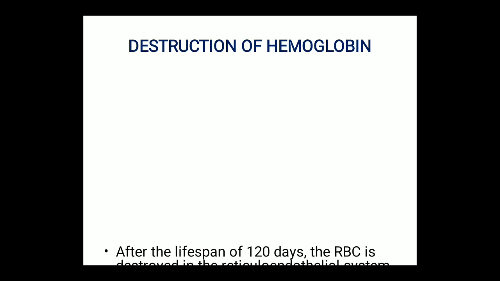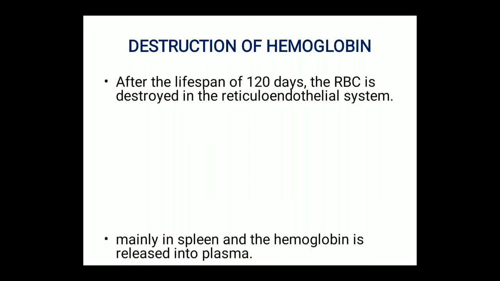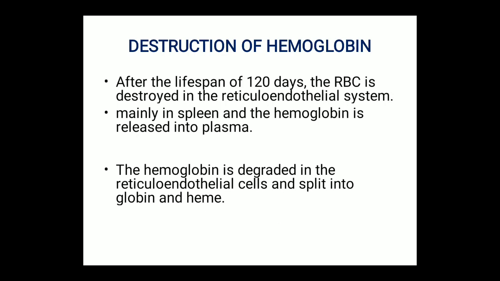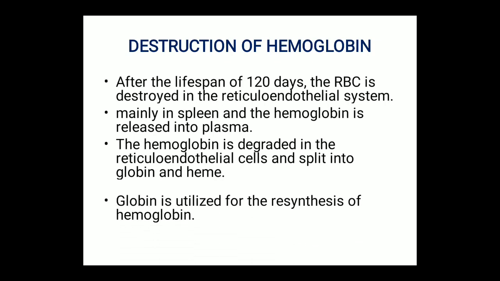Destruction of hemoglobin. After a lifespan of 120 days, the RBC is destroyed in the reticuloendothelial system, mainly in the spleen, and the hemoglobin is released into plasma. The hemoglobin is degraded in the reticuloendothelial cells and split into globin and heme.